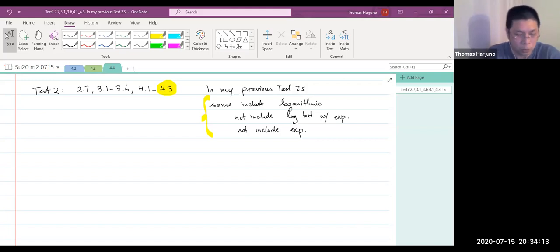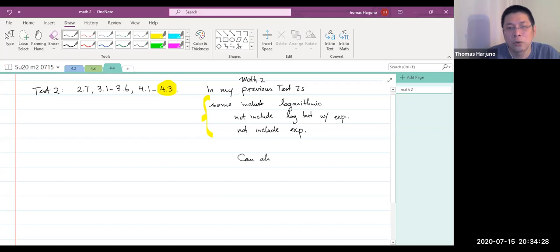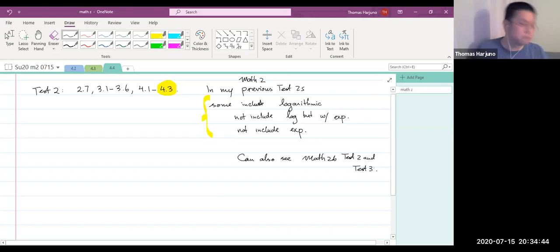Of course, besides my old tests, you can also see Math 26, test 2 and 3.